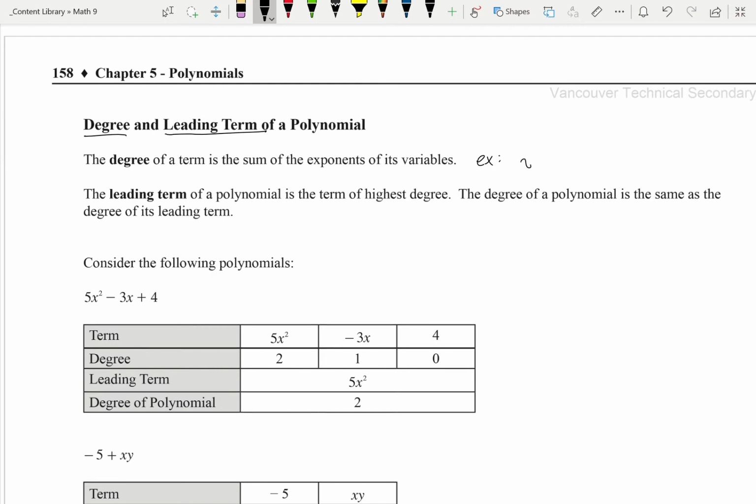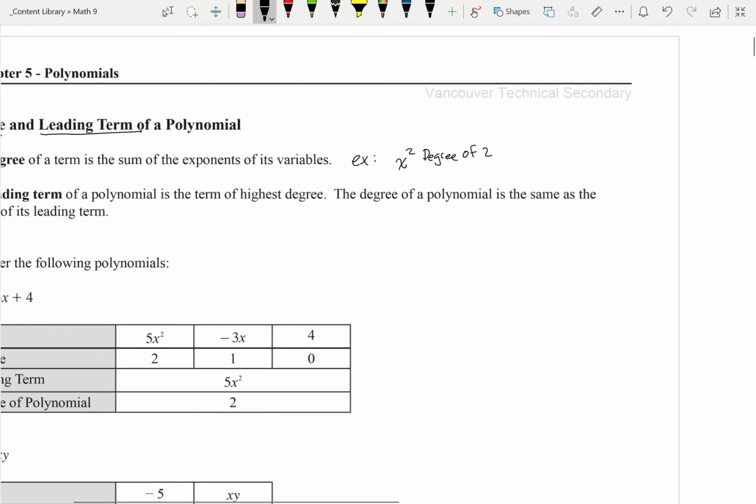I might have x squared. This has a degree of 2. There's only one variable. If I had x, the degree would be equal to, take a moment, think about it. Again, there's an invisible number here. There's an invisible power 1. So this has a degree of 1.